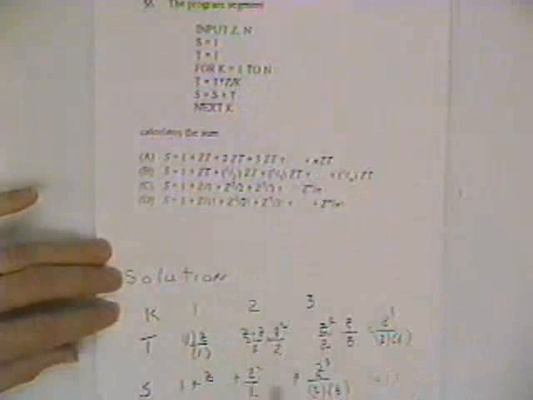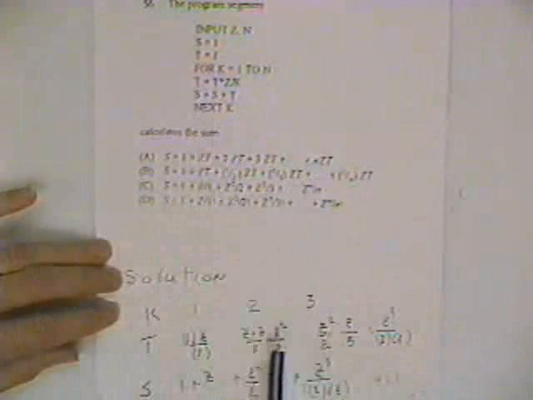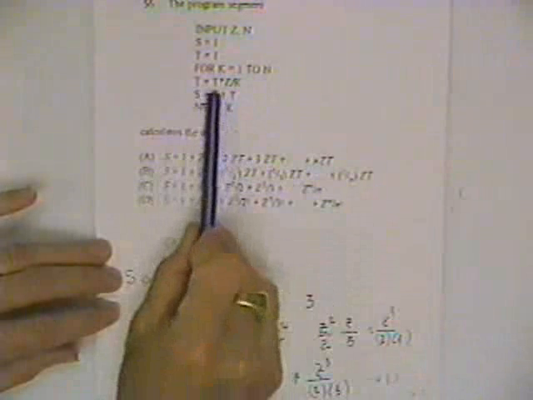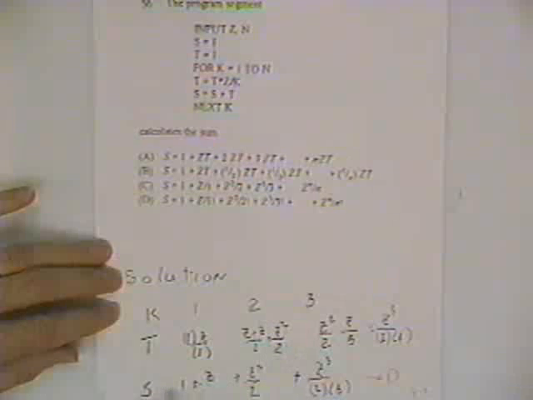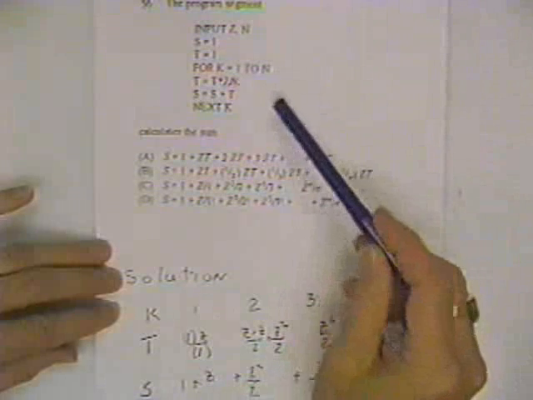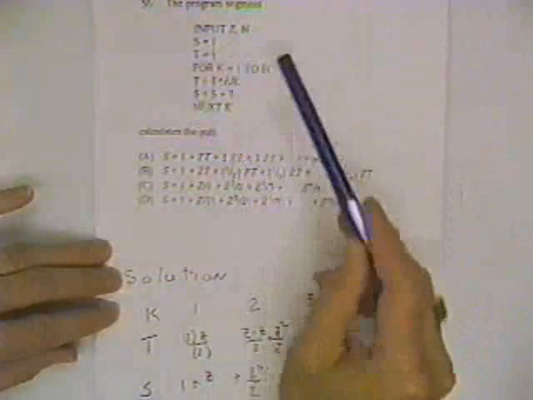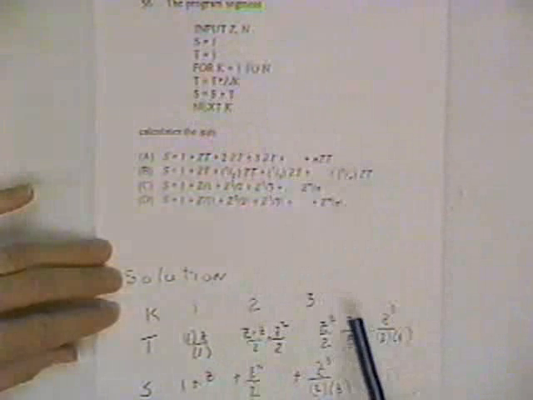Execution goes to the next step to calculate a new value of s. S is then equal to the old value, which is 1 plus z, plus the new current value of t, which is z squared over 2. So now s is equal to 1 plus z plus z squared over 2. The program continues to go back, increment k to become 3.